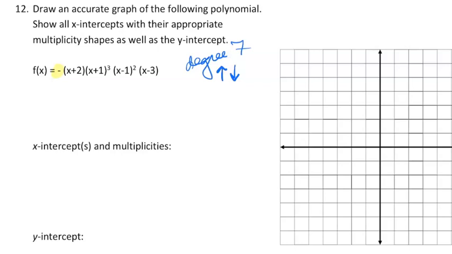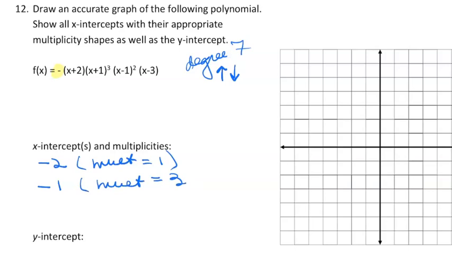Now let's do the x-intercepts. So the first x-intercept, or root, or 0, be familiar with all three names, is going to be x plus 2 equals 0. So I have a negative 2, and it has a multiplicity of 1. Then I have x plus 1 is 0, so I have a negative 1, but that has a multiplicity of 3.